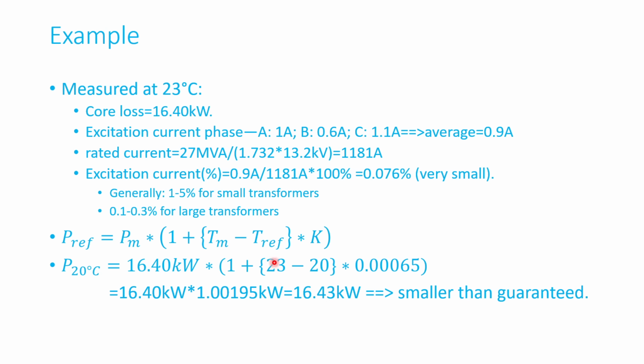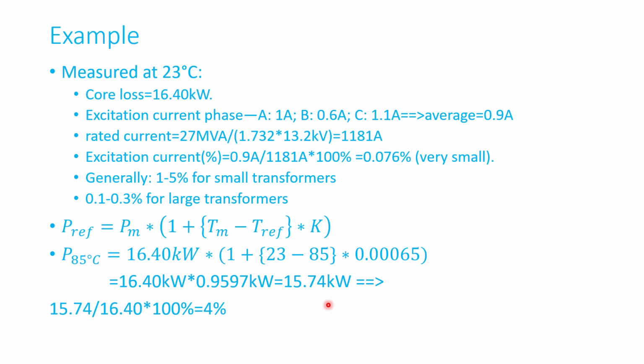Notice since the test temperature is close to the reference temperature, the core losses didn't change a lot. Now we will correct the measured core losses to 85 degrees Celsius. All this information here I'm just keeping for reference.